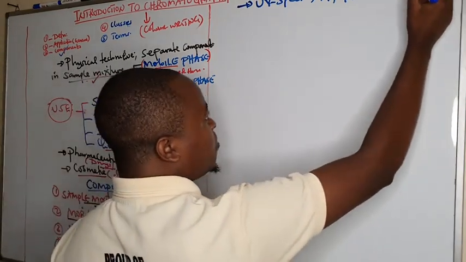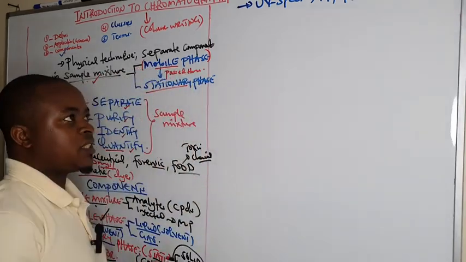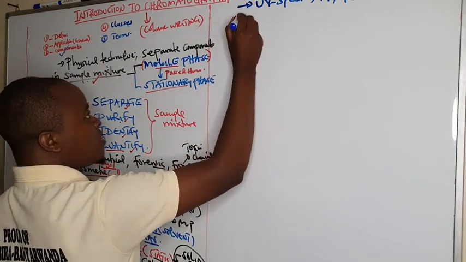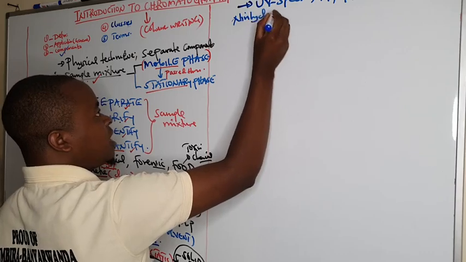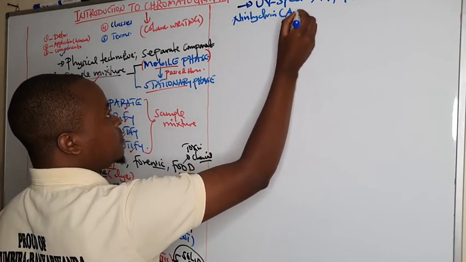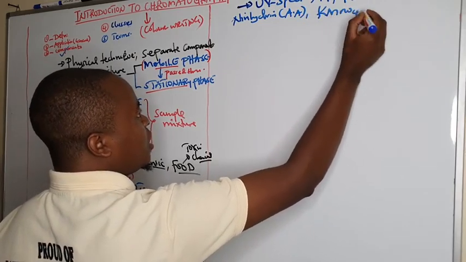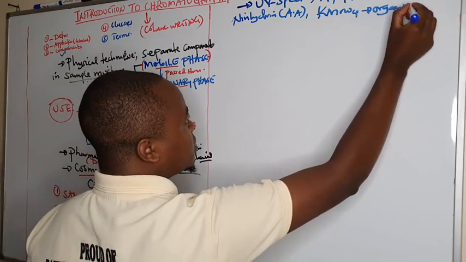We can use compounds like iodine to stain, for example when we are dealing with carbohydrates. We can use ninhydrin when we are dealing with amino acids. We can use potassium permanganate when we are dealing with organic compounds.